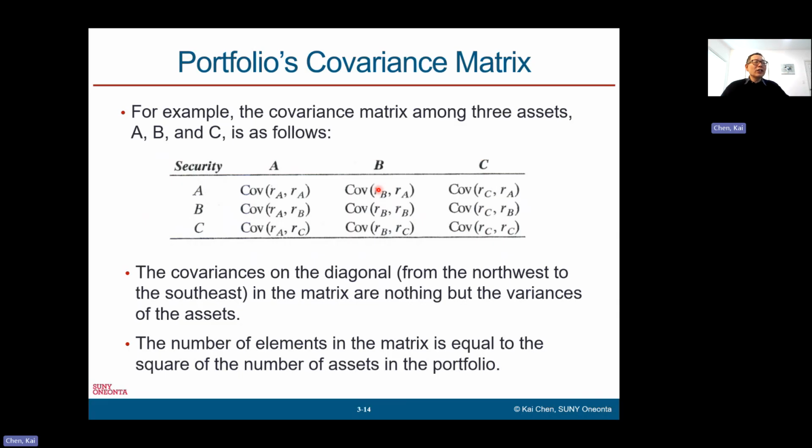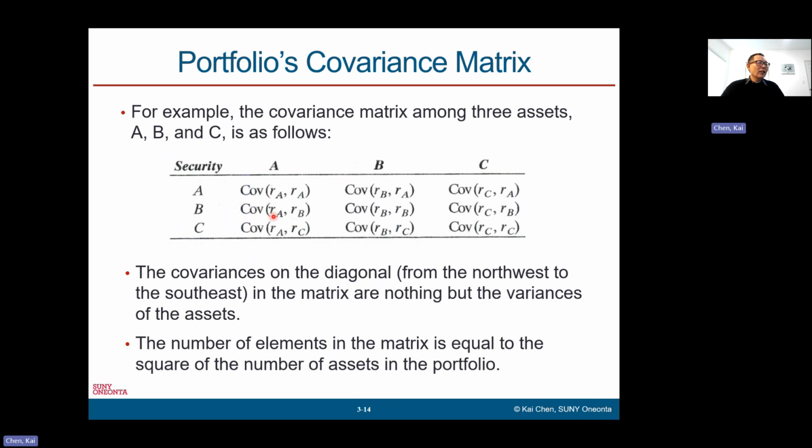We can see these two elements have the same value. Above the diagonal we have this one, the covariance between asset B and asset A. Now let's look at the corresponding element below the diagonal, symmetrically.